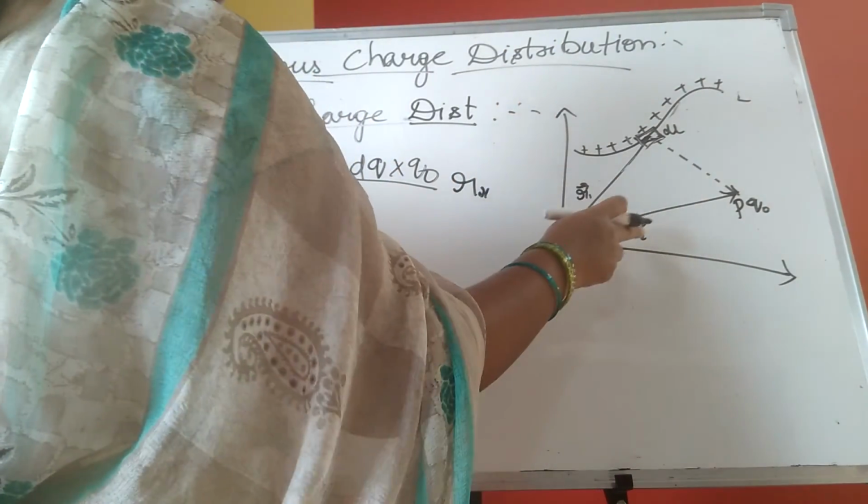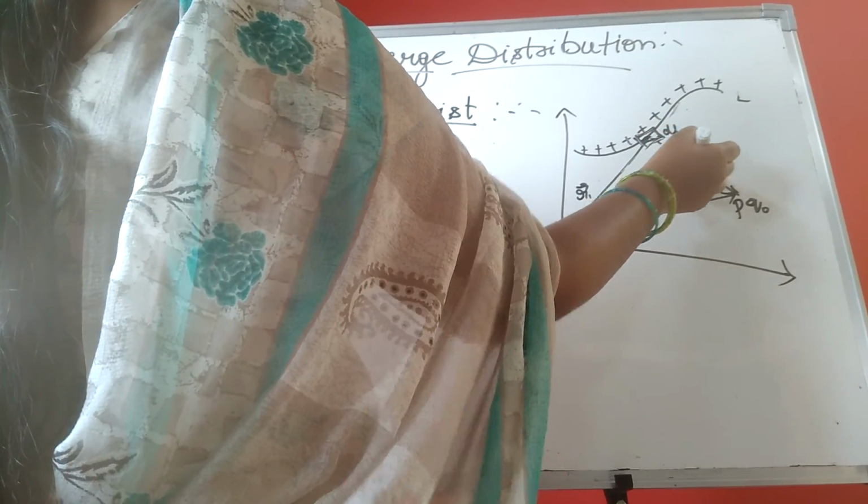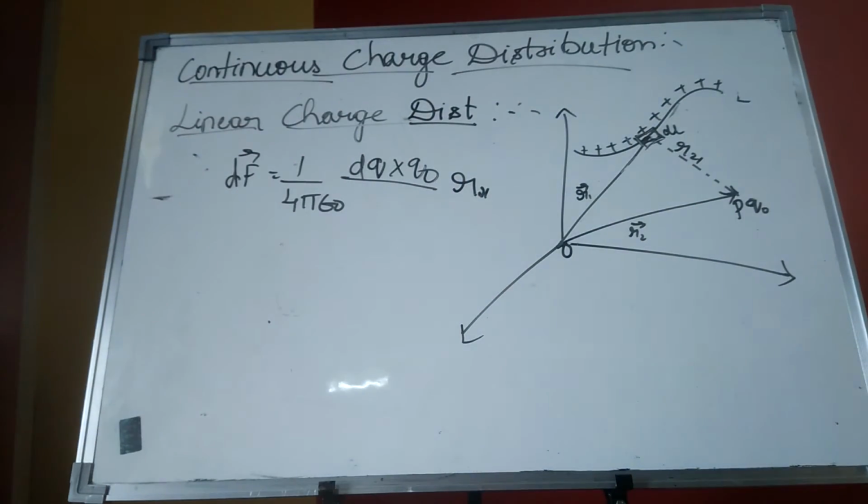This is r1 and this is r2, and the distance between them is r21.